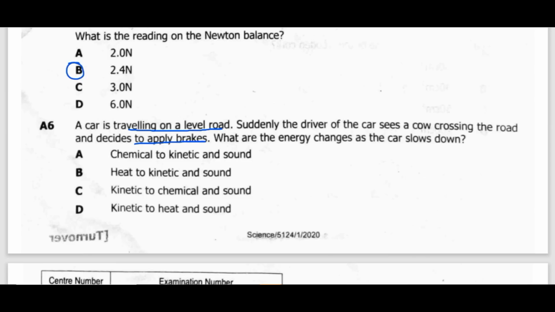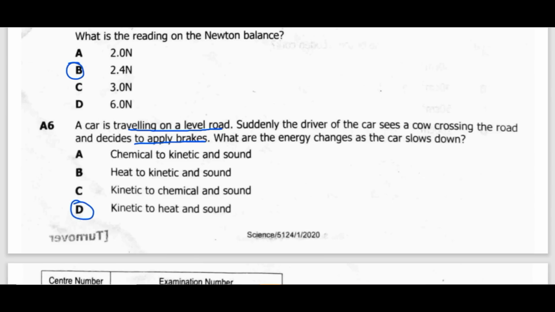So this is incorrect. Kinetic, heat to kinetic and sound, this is also not convincing. It is not correct. So we have kinetic to mechanical and sound, this one is also not convincing. So the answer is D.